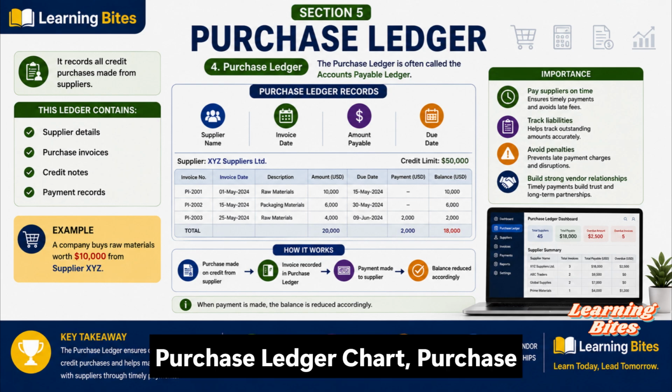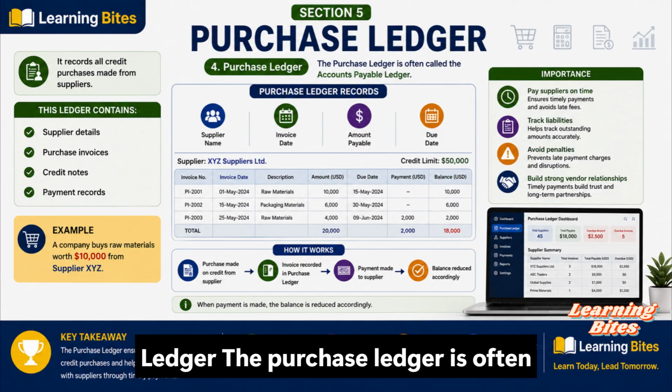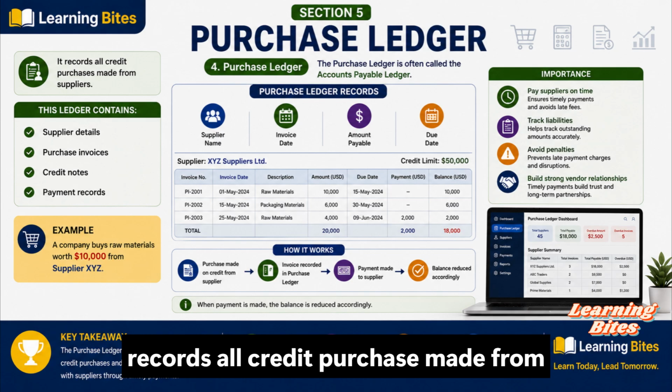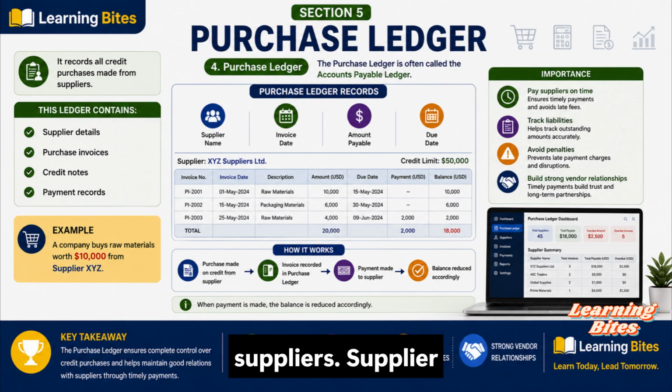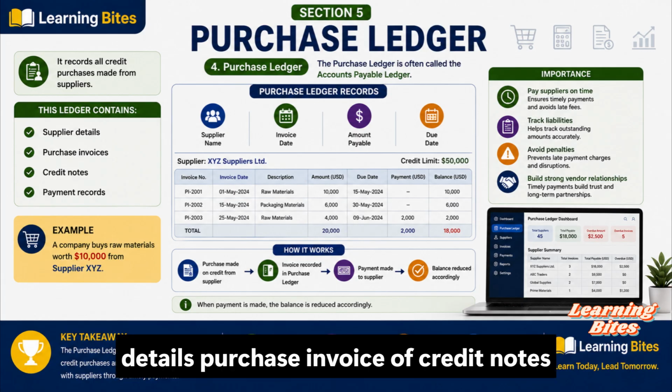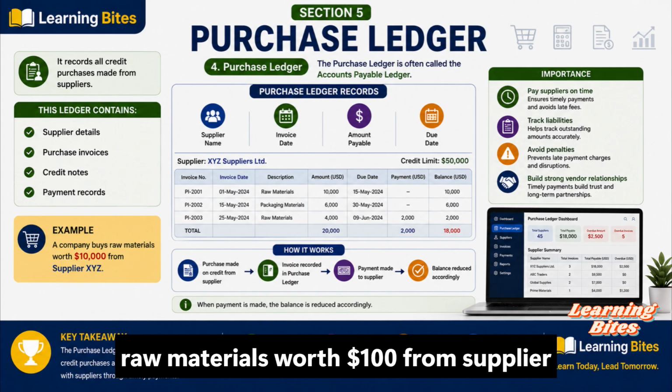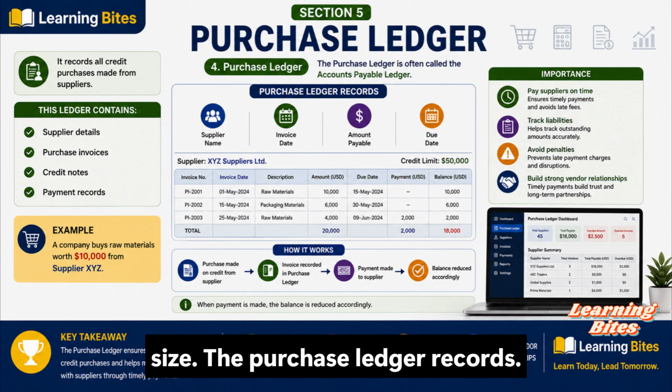Section D. Purchase Ledger. The purchase ledger is often called the accounts payable ledger. It records all credit purchases made from suppliers. This ledger contains supplier details, purchase invoices, credit notes, and payment records. Example: a company buys raw materials worth $10,000 from suppliers.